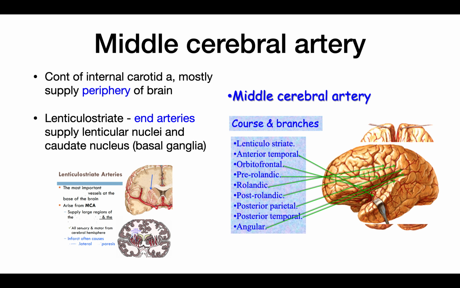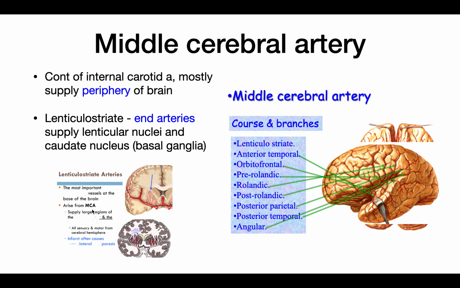So the middle cerebral artery is going to be in the periphery of the brain, right? They have the lenticulostriate arteries, which are your end arteries. These are going to branch from the communicating arteries and the middle cerebral artery, and just worm their way into the brain to supply it.